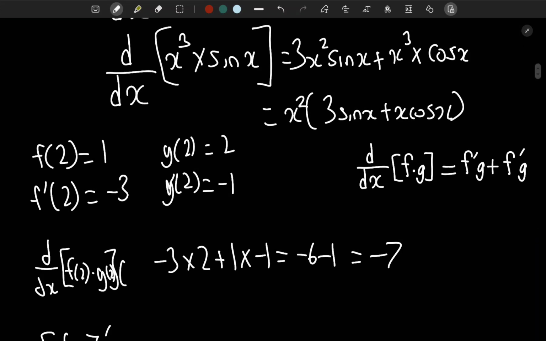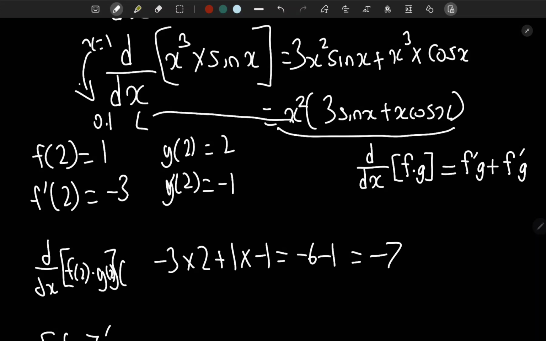So let's say we substitute x as 1, and in the final answer we can substitute 1, and whatever answer we got on the calculator, let's say 0.1, we should get the exact same answer from our answer. So that's a way to recheck your final answer and make sure that you didn't make any silly mistake.